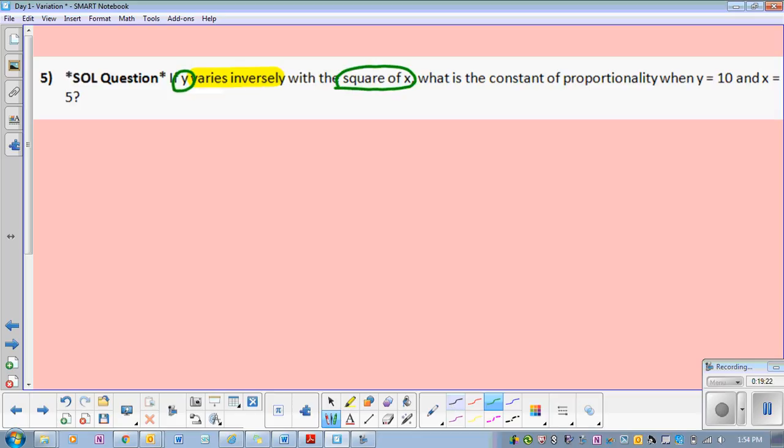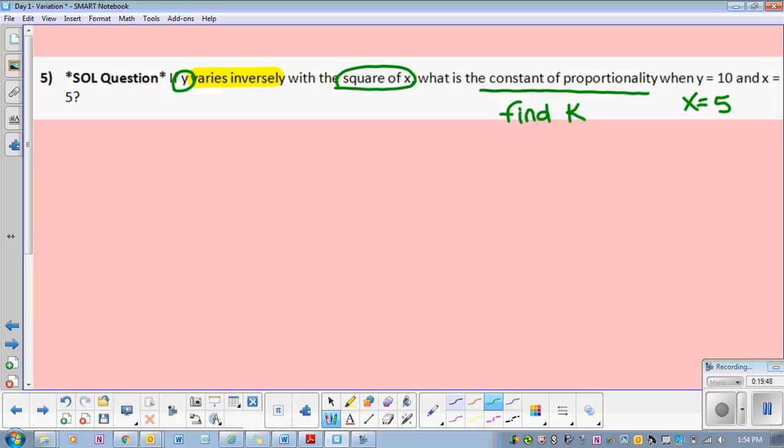Okay, so then they want to know what is the constant of proportionality when y equals 10 and x equals 5. I'm just going to write that over here just because it's easier to see them together, right? And they only want us to find the constant of proportionality, so really all we're looking for is k, right?